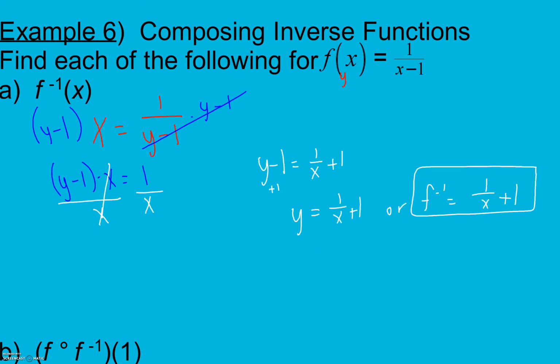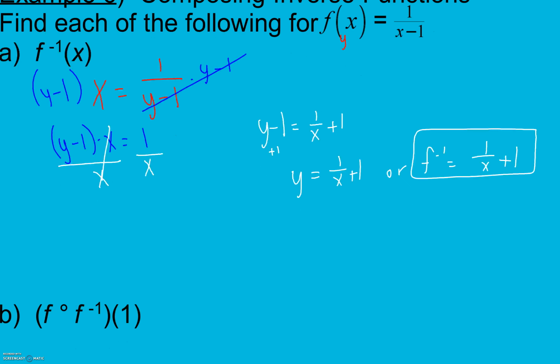Now it wants me to find f of my inverse of f of 1, which means we're going to plug 1 into our inverse. Whatever we get for that, we will plug into f. We have a composite function here.